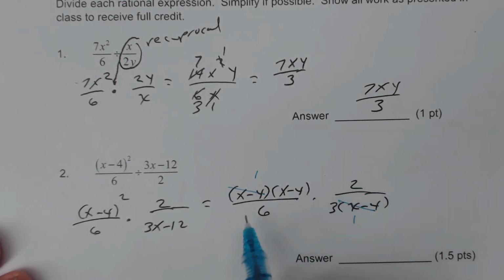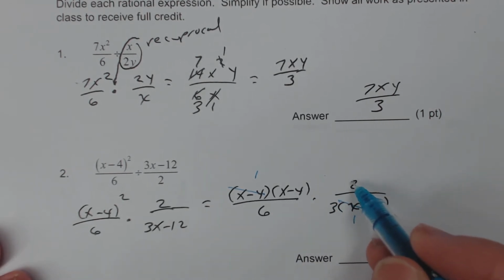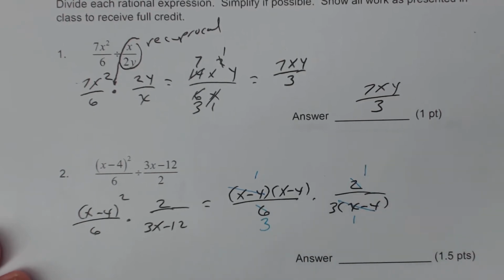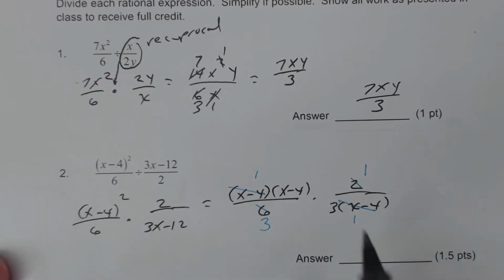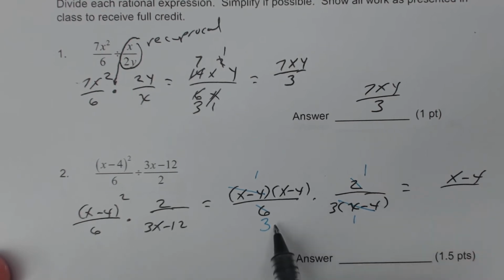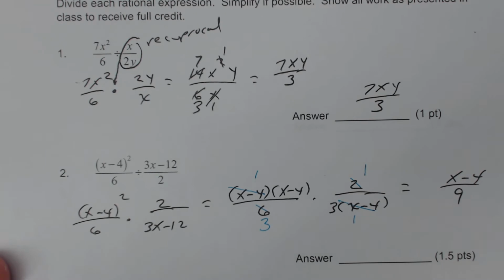Now a factor of 2 can reduce with this factor of 6. The GCF here is 2, so 2 divided by 2 is 1, 6 divided by 2 is 3. And so now we multiply out, so we get 1 times x minus 4 times 1 is x minus 4, 3 times 3 is 9, and times 1 is still 9. So I get x minus 4 divided by 9.